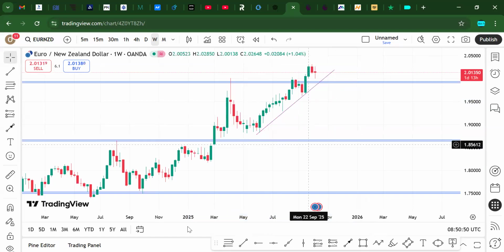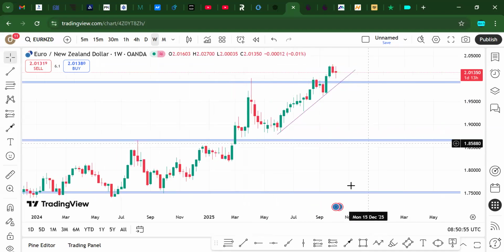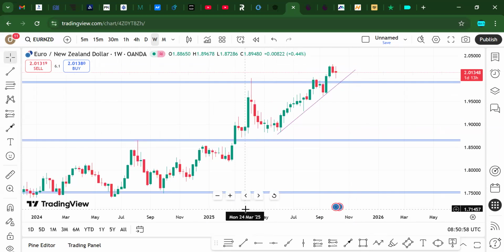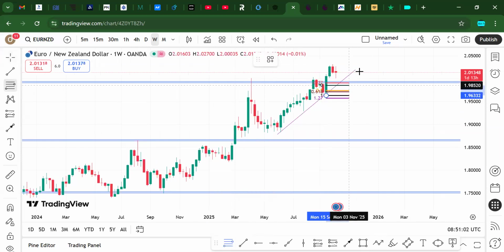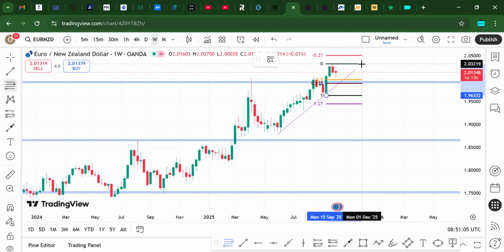So having done this, I can add my other tool, which is my Fibonacci retracement tool, from this swing low to this most recent high.